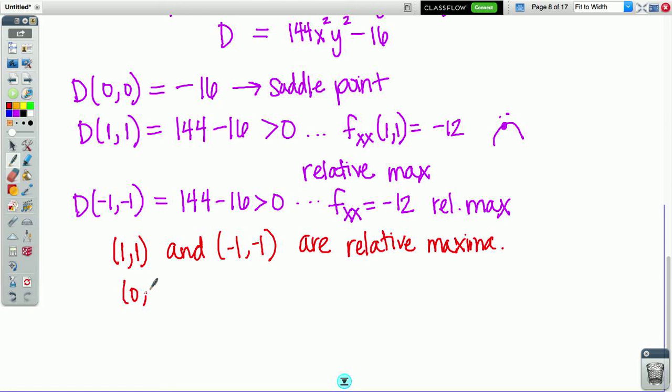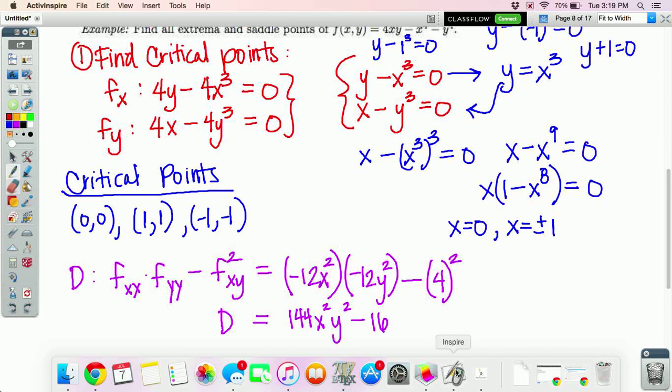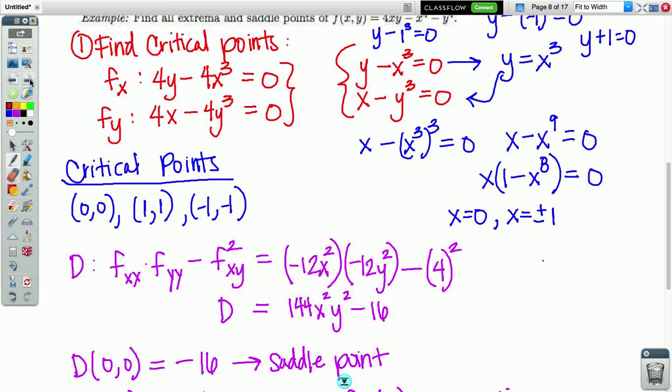And the point 0, 0 is a saddle point. So neither a max nor a min, but it does say to classify saddle points in this example. So I'm classifying all of those, and I'm going to check my recording. Great. Okay.